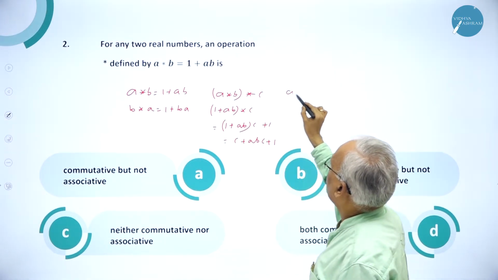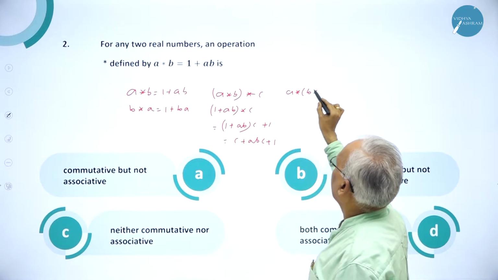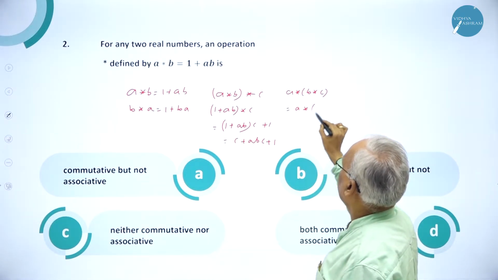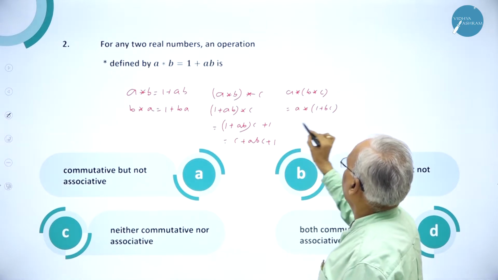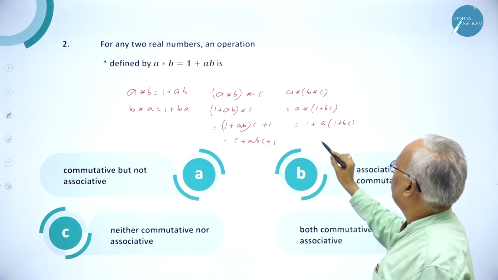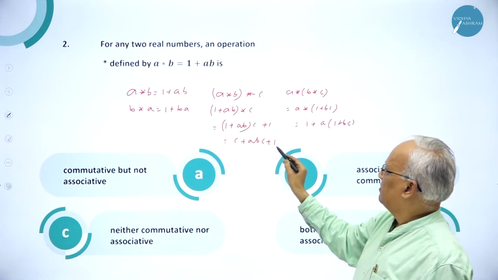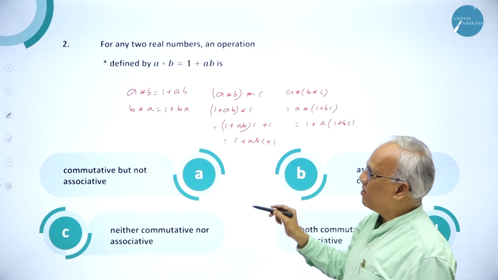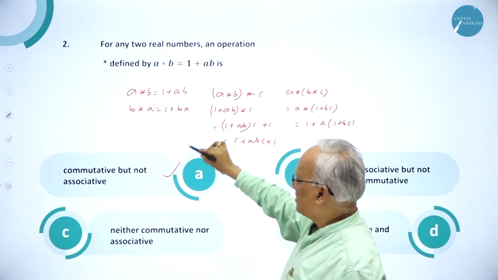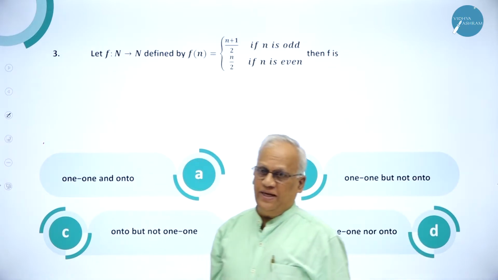Whereas A star (B star C) is A star (1 plus BC), which is 1 plus A into (1 plus BC), which is 1 plus A plus ABC. This is 1 plus C plus ABC versus 1 plus A plus ABC. They are not equal. So it is commutative but not associative. The answer is A. We shall go to the next question.